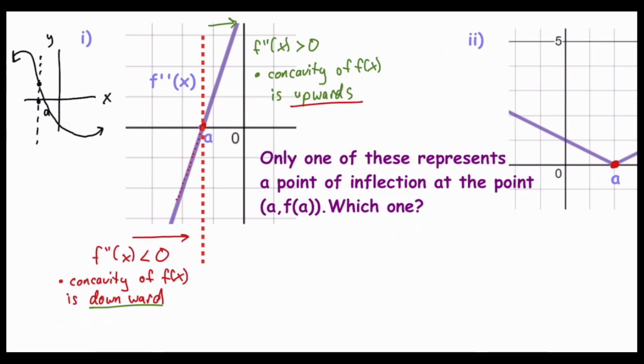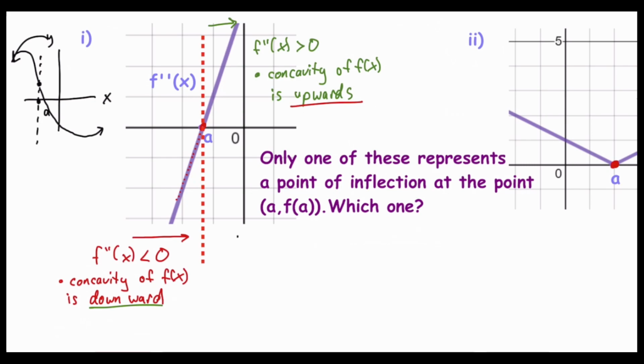And so do we have a point of inflection here? Yes. How do I know? Well, I can roughly visualize it in my little sketch here, or I notice that there has been a change in concavity. It's gone from being concave downward to concave upward.